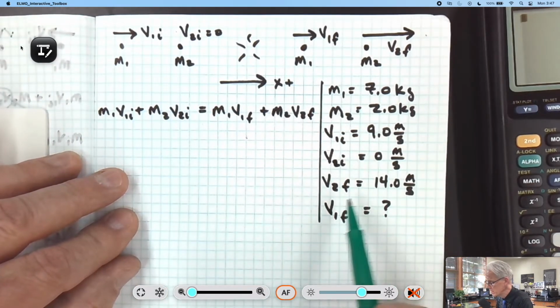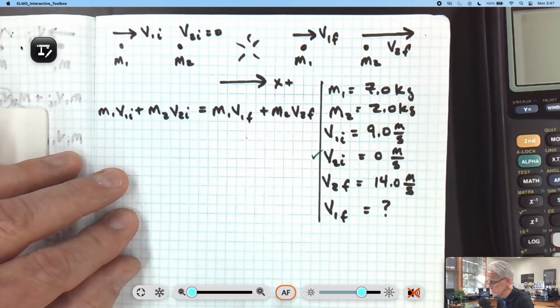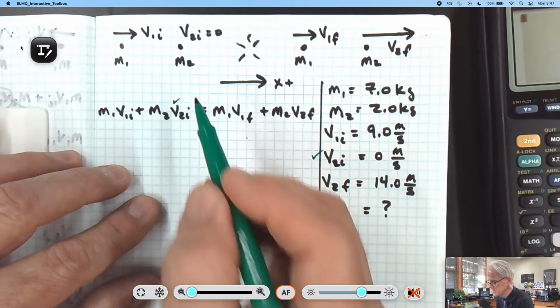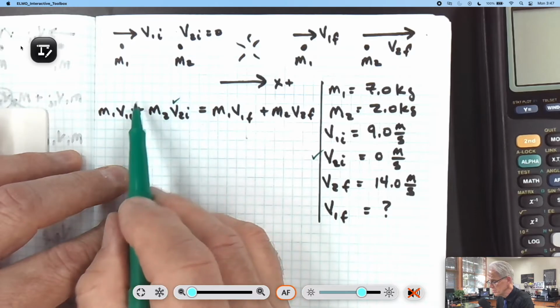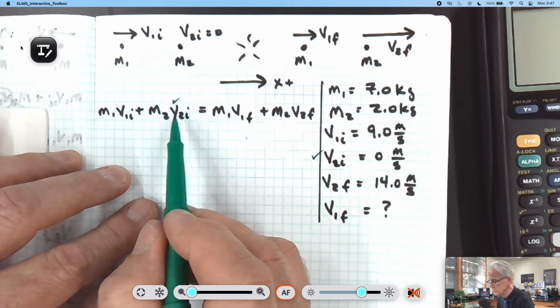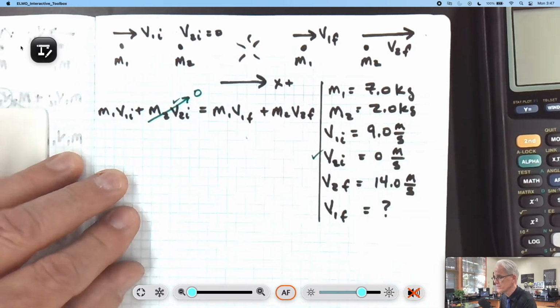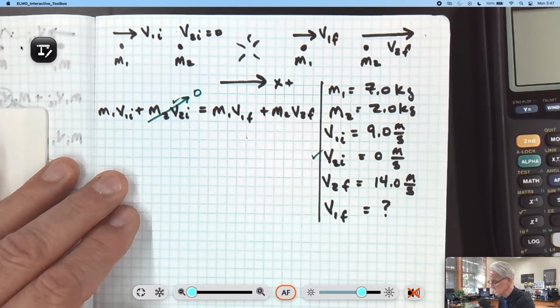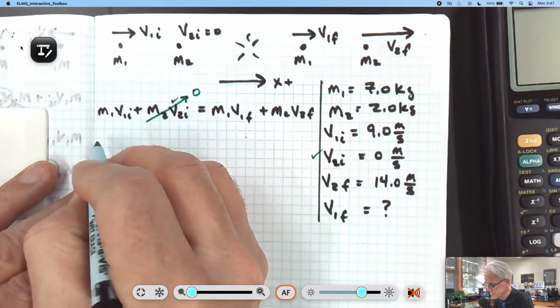Since our initial velocity of our bowling pin is 0, this whole part here, M2 times 0, is going to be 0. So we can just get rid of that part. I'm going to rewrite this without it.